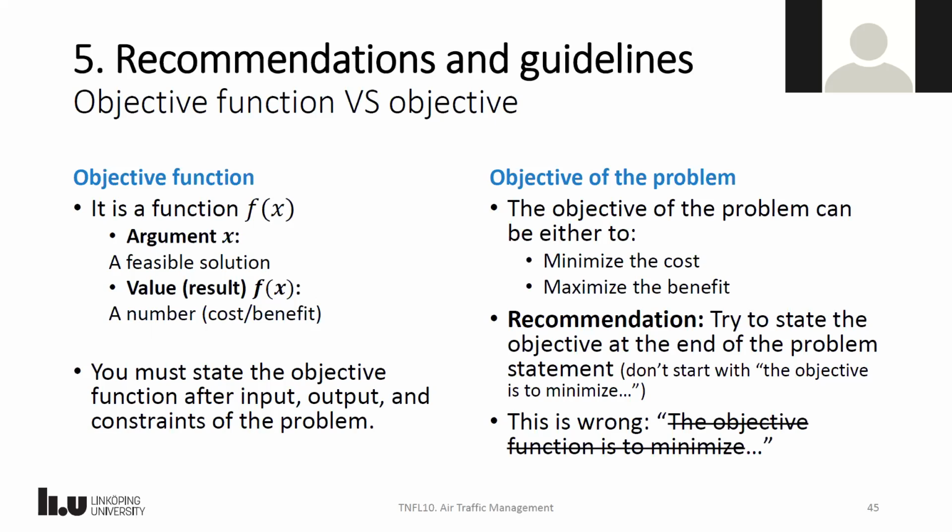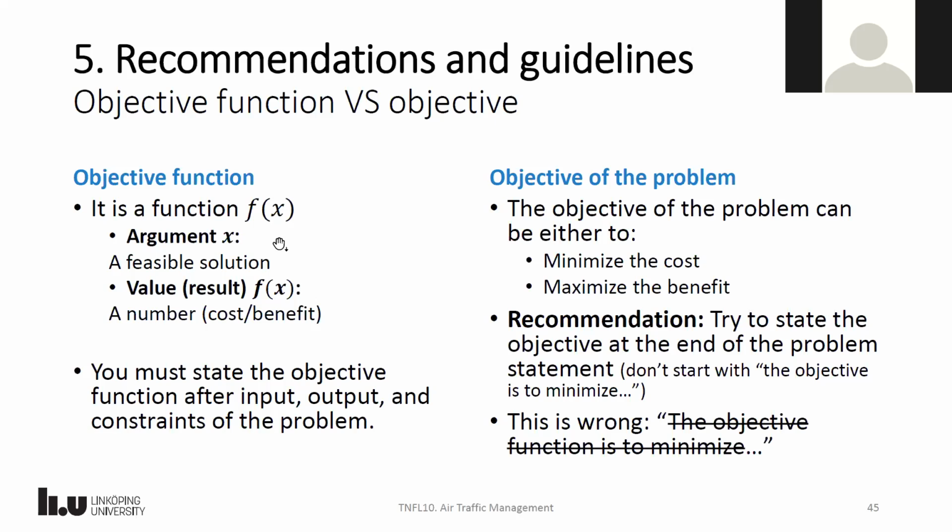It represents the cost or the benefit for a problem. We must state the objective function after the input, output, and constraints. Okay? And this is different from the objective of the problem. The objective of the problem can be to minimize the cost or maximize the benefit. So this objective function over here represents the cost and the benefit, but not the minimize and maximize parts, okay?